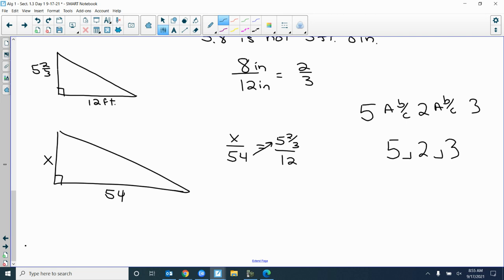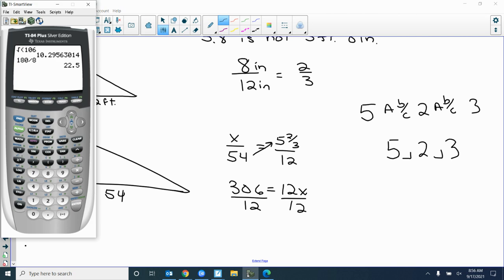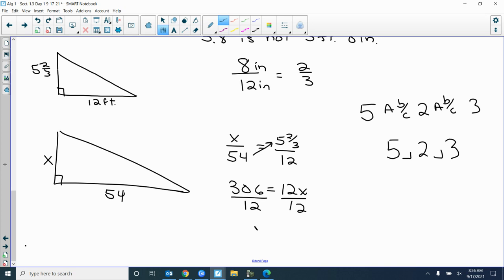Yep, it should be 306. So 5 2/3 times 54 is 306, equals 12x. Divide by 12. 306 divided by 12 gives me 25.5. So x equals 25.5.